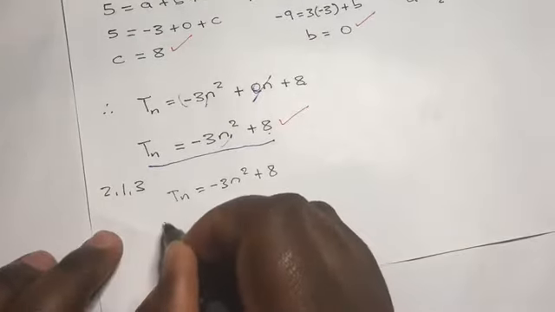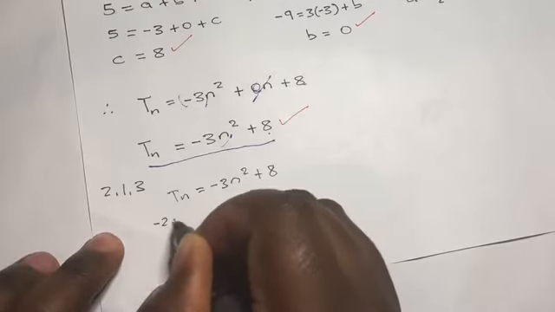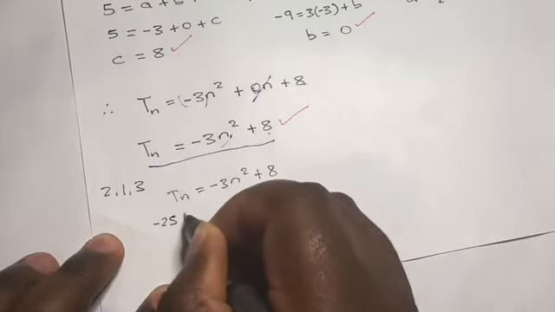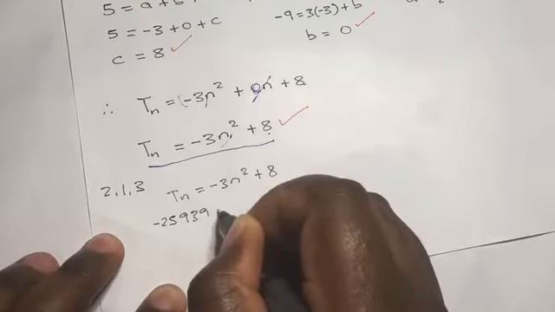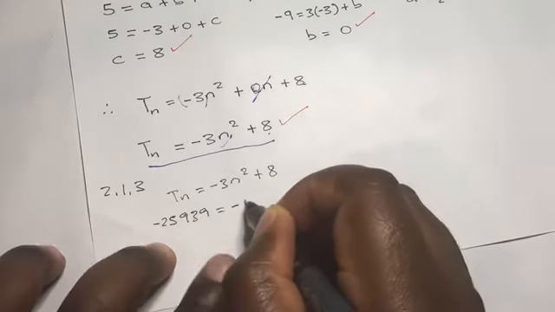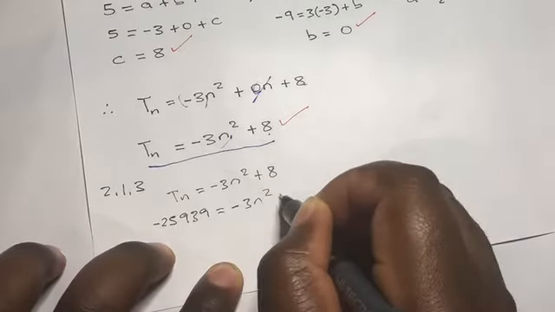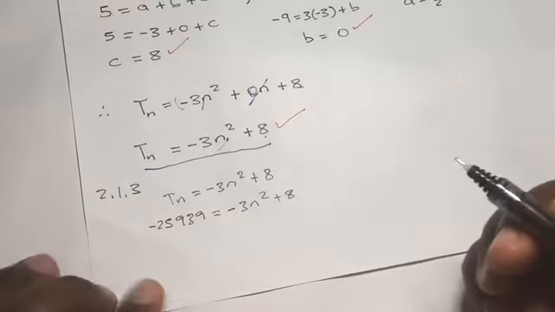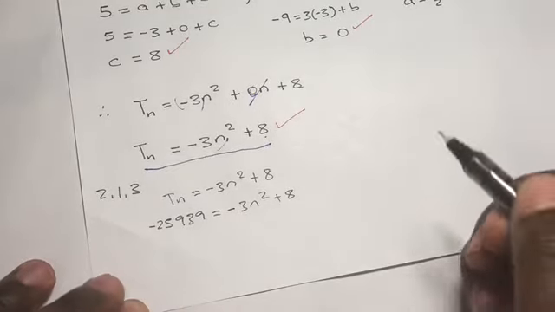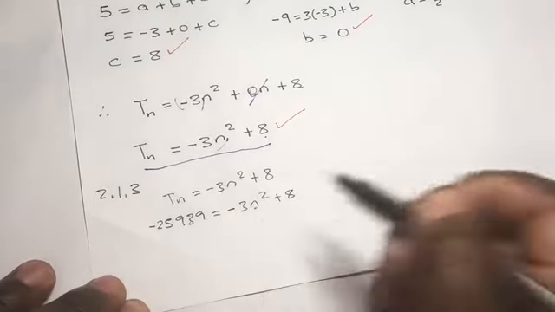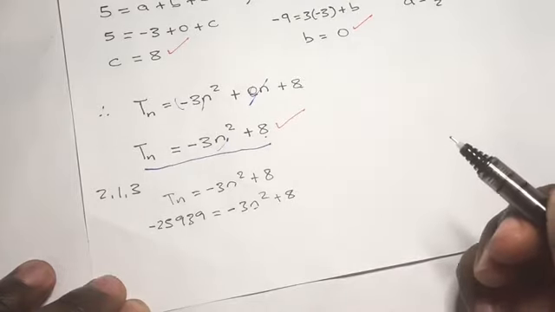So you've got your Tn, which equals negative 3n squared plus 8. You then equate it to negative 25,939, it equals minus 3n squared plus 8. From there, what you do is solve for n.